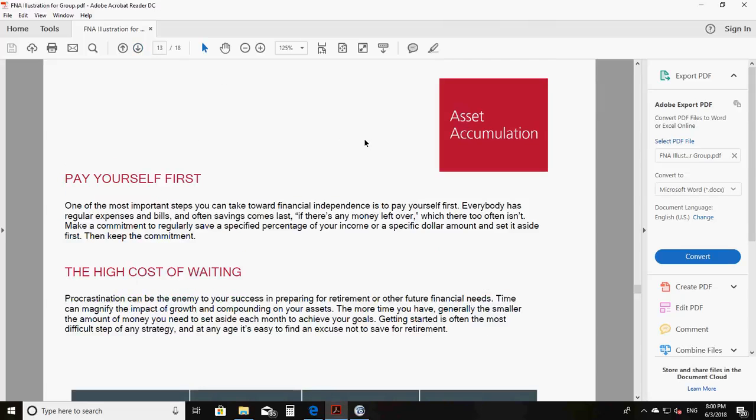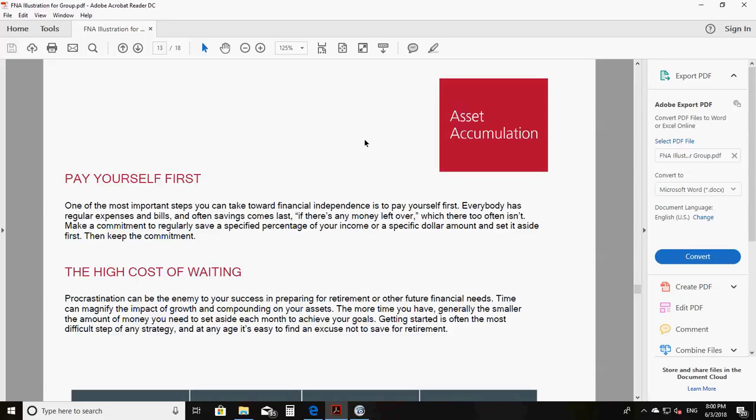And this is an important page because this is a major deficiency that I see in a lot of people. It doesn't matter whether you're talking to a W-2 employee, 1099 self-employed business owners. People need to learn to pay themselves first. One of the most important steps we can take towards financial independence is to pay ourselves first. Everybody has regular bills, regular expenses.